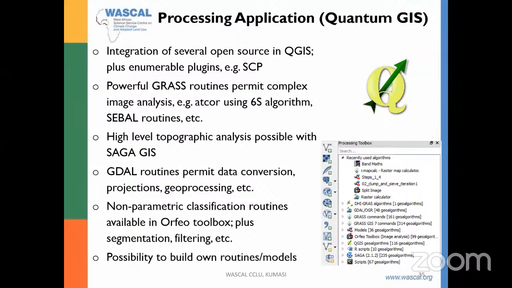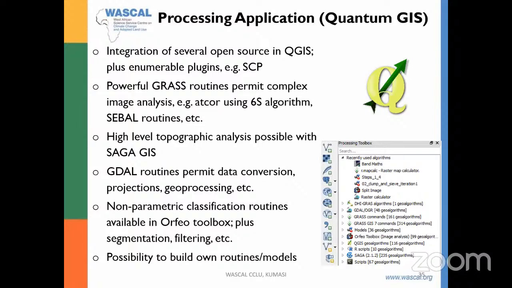powerful routines, such as the ATCOR, which is used for atmospheric correction of the data sets. We also have a high-level topographic analysis made possible using the SAGA GIS. We also have GDAL routines that permit us projections and geoprocessing.